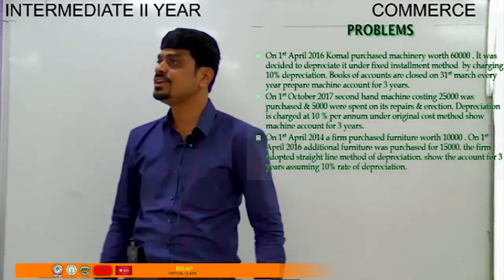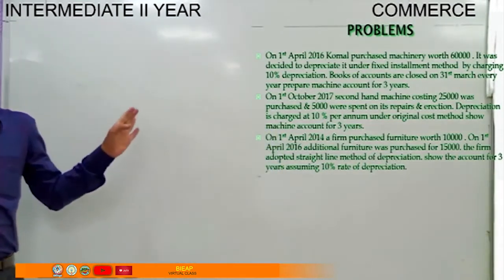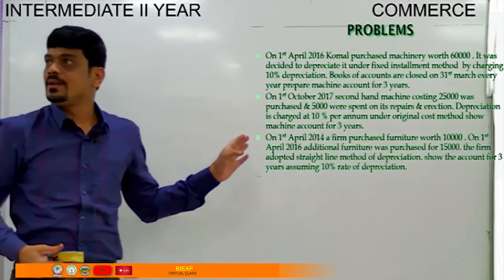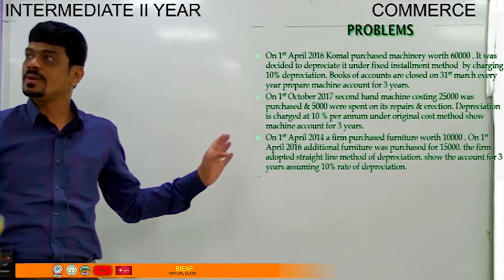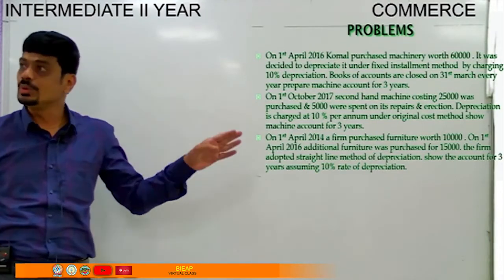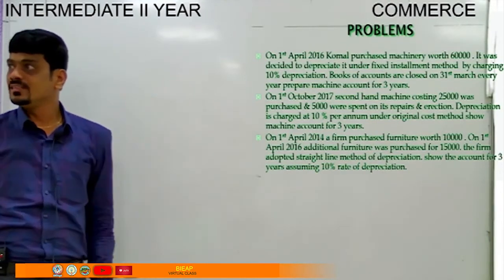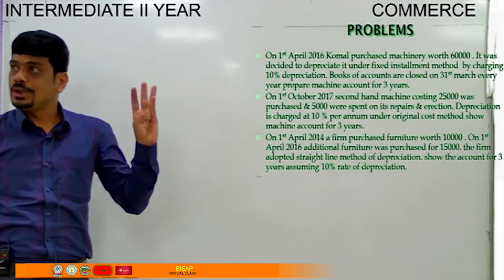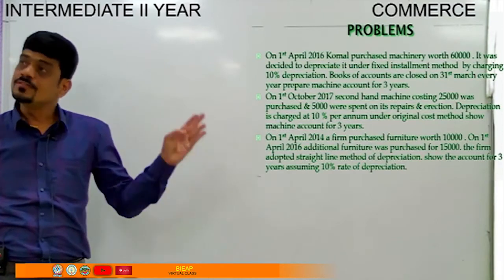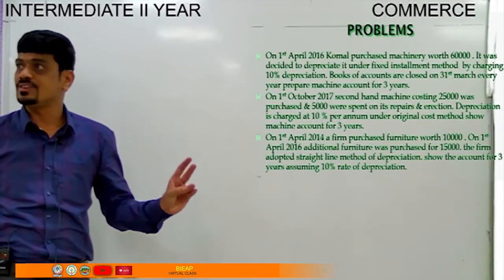When we bought the machine, we purchased on 2014 April 1st, right? For 10,000. One more machine when we bought after 2 years, that is in April 2016. So how many machines we have? 2 machines. 14 to 15 we had one machine, 15 to 16 also we had one machine.